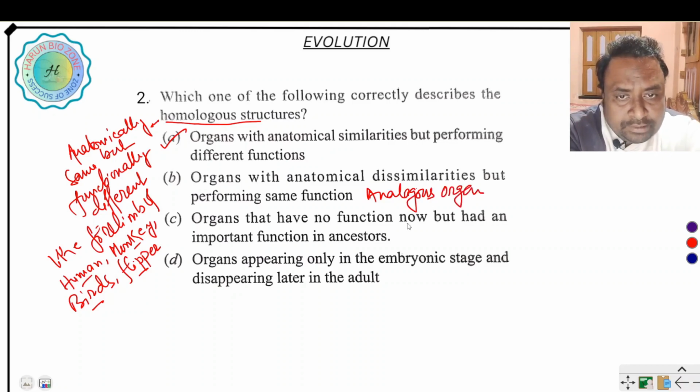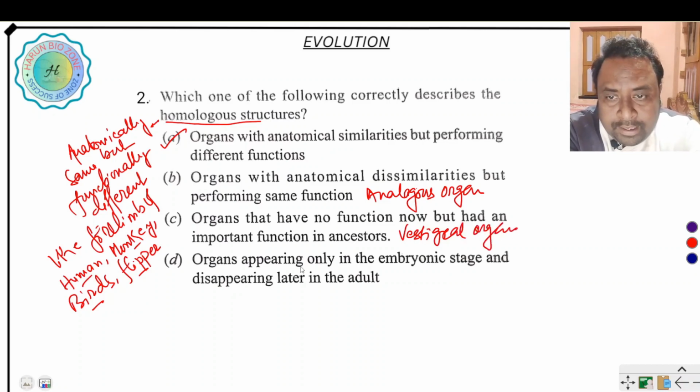Organs that have no function now but had an important function in ancestry are vestigial organs. An organ appearing only in the embryonic stage but disappearing later in the adult is called retrogressive morphogenesis.